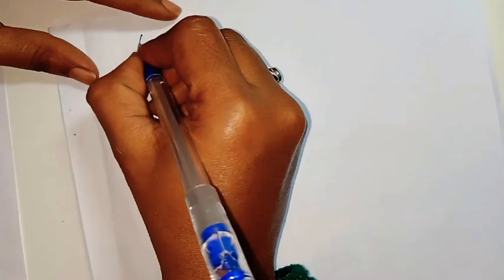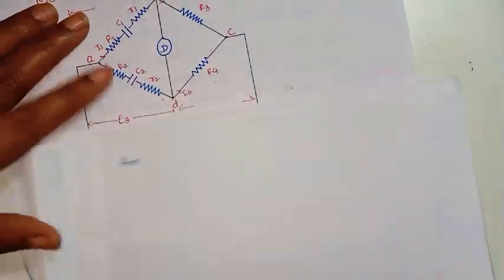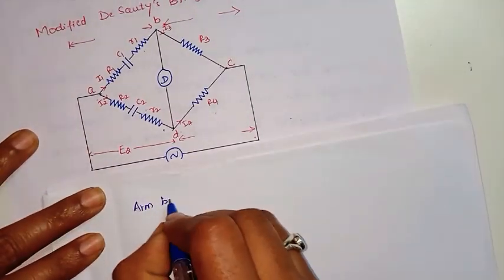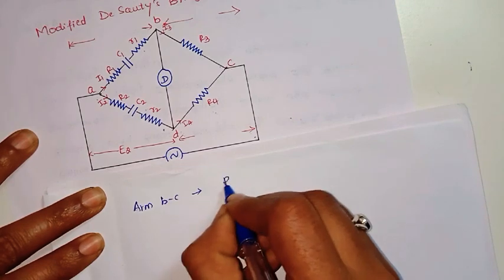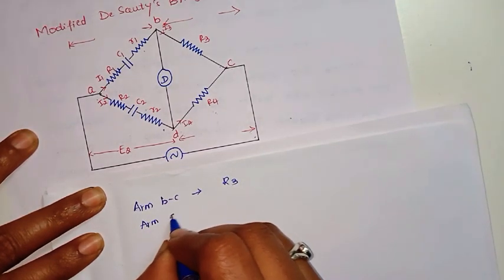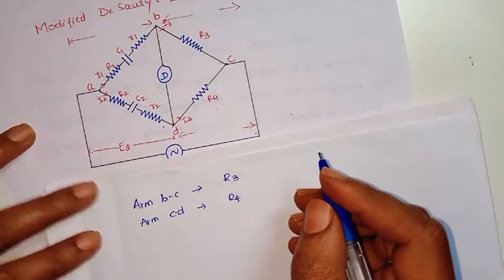In the arm BC, it has the resistance R3. In arm CD, the resistance is R4.